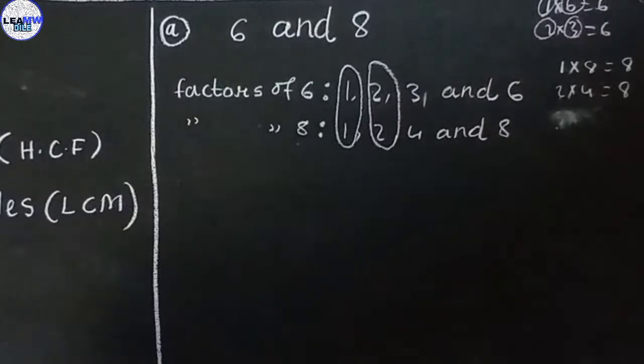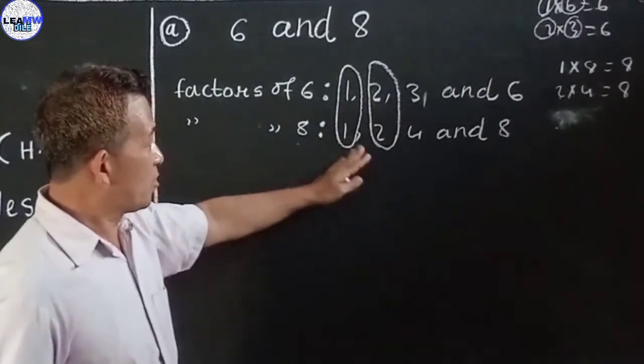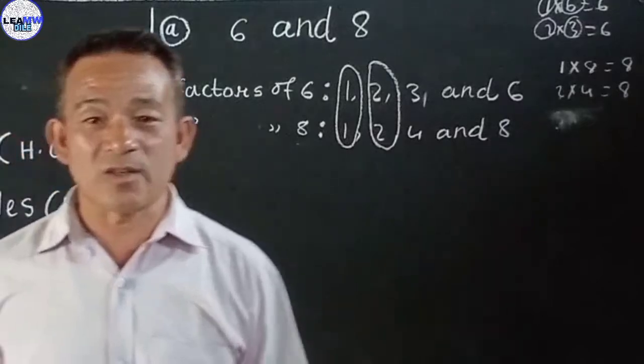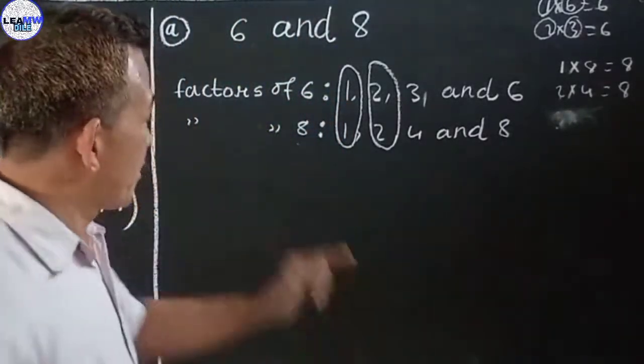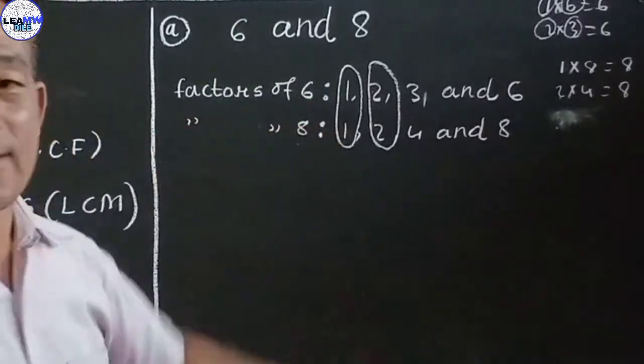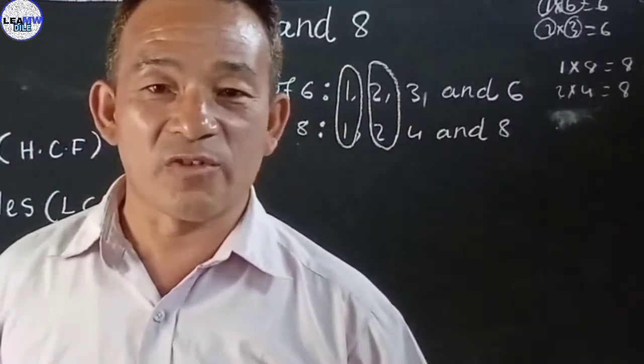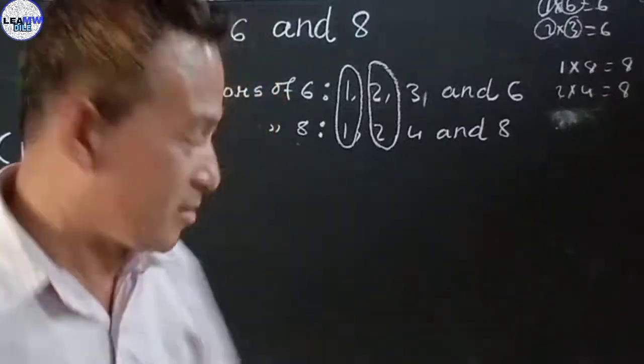Here 1 is the smallest common factor of 6 and 8, and 2 is the highest common factor of 6 and 8.